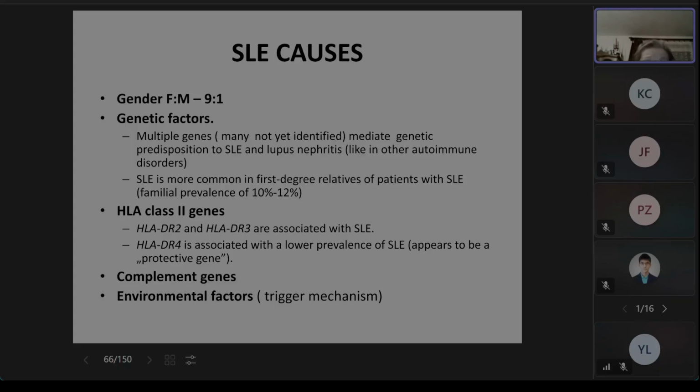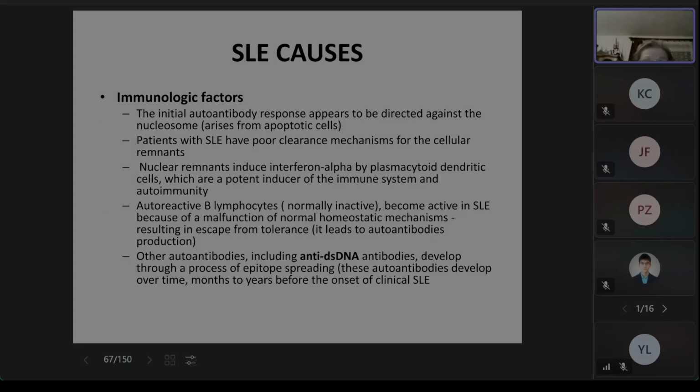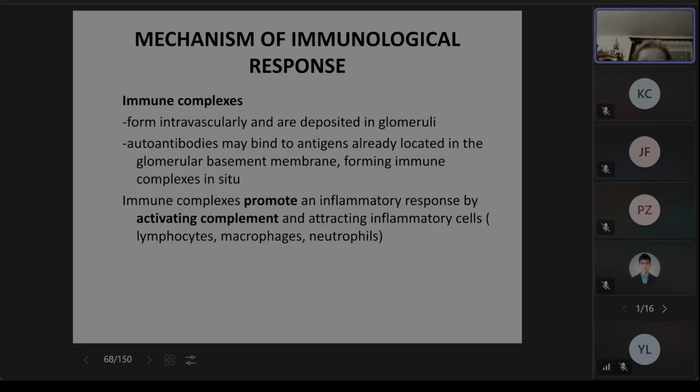As for the mechanism of immunological response, these are immune complexes, and immune complexes can promote an inflammation response by activating components of complement. In this way, we can observe the injury of many organs, and among them are the kidneys.